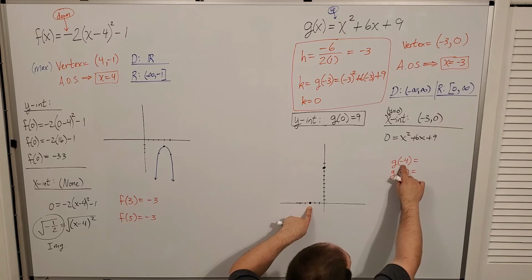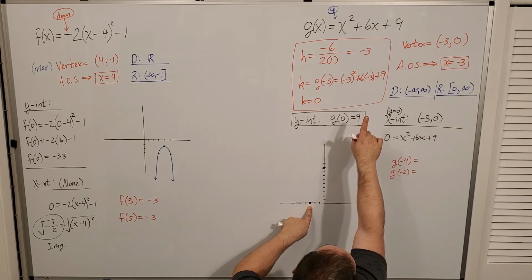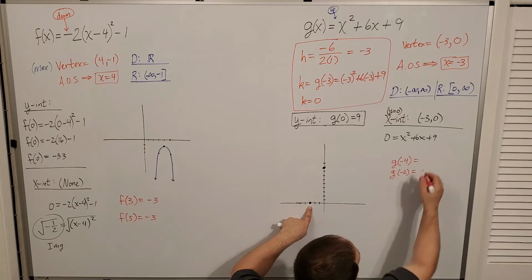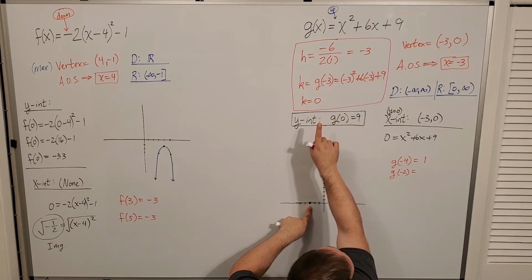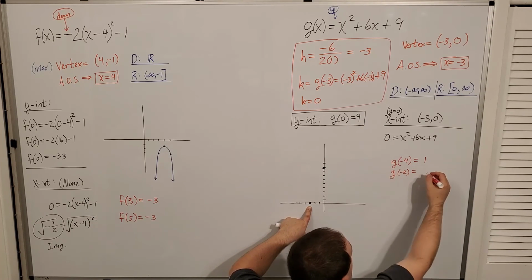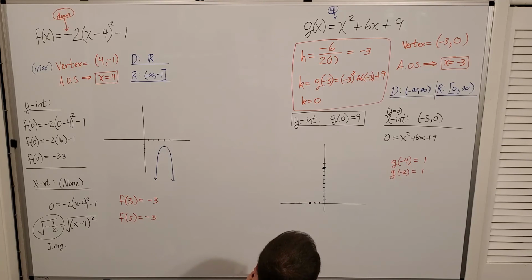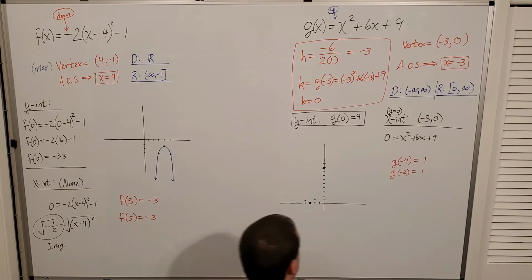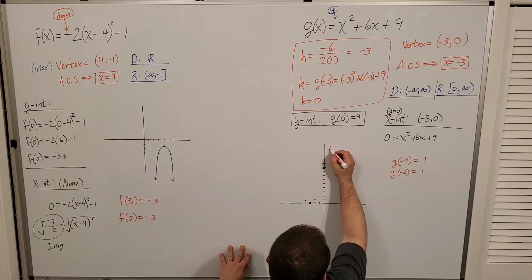So g of -4 is going to be 16 minus 24 plus 9, which gives me 1. And then g of -2 is 4 minus 12 plus 9, which is also 1. All right. So then I'm hitting this point here and this point here. They're up by 1 right there. So then I'm just going to draw my shape as best as I can.